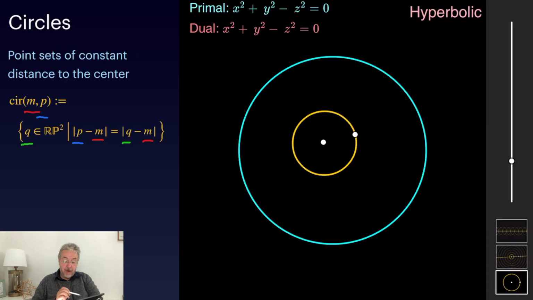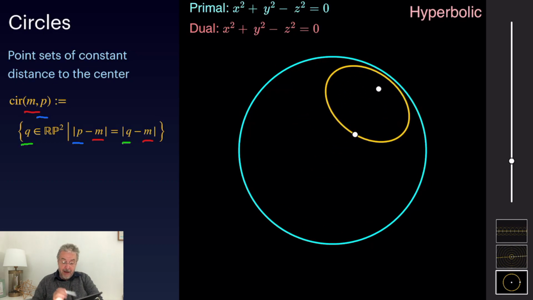Let me now move around the points, and I'm now in hyperbolic geometry, and I have the primal dual equation for the unit circle here. So if I move my point here and I move closer to the boundary, you see that the circle doesn't look like a circle at all. It looks like an ellipse, but from the perspective of Cayley Klein geometry, it is really a circle.